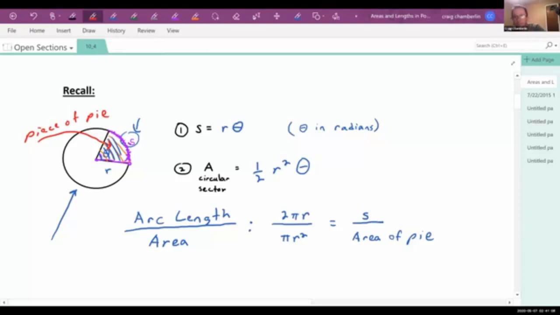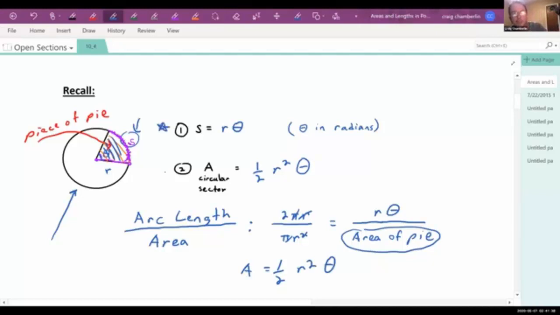And then if you realize that S is r times theta, let's replace S with r times theta. I'll let you do it, but if you solve this equation for area, you cancel out a couple r's, cancel out a pi, and you're going to very quickly get 1/2 r squared theta. And that's where the formula comes from. So we need both of these results to understand the integration formula I'm about to present to you. Okay, any questions on that?